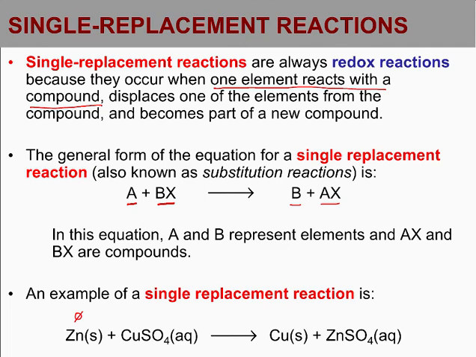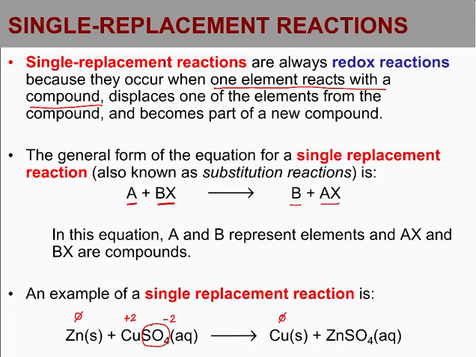And then copper has a +2 oxidation number here because sulfate has a -2 oxidation number or charge. And then in the products, copper is a pure element, so it has a 0 oxidation number.